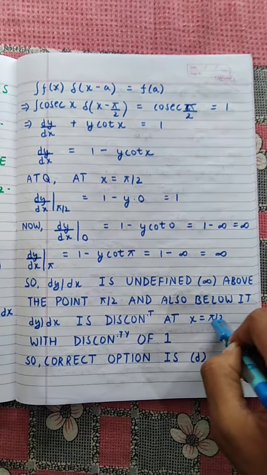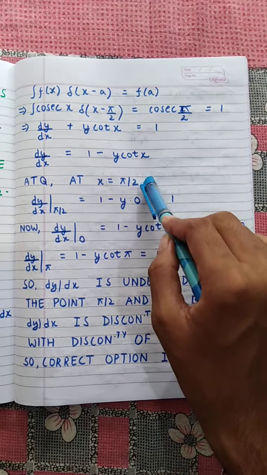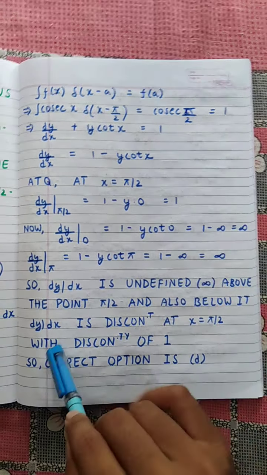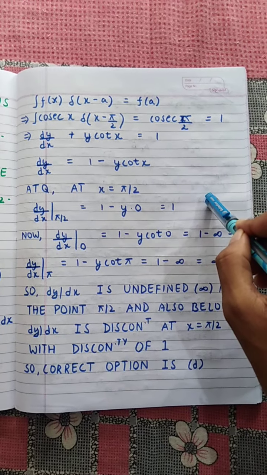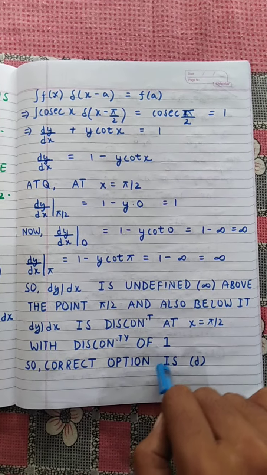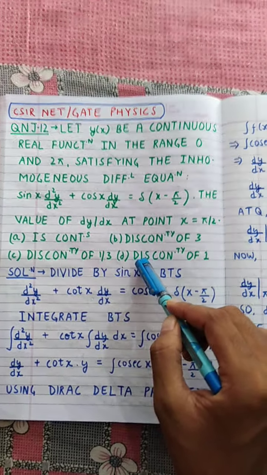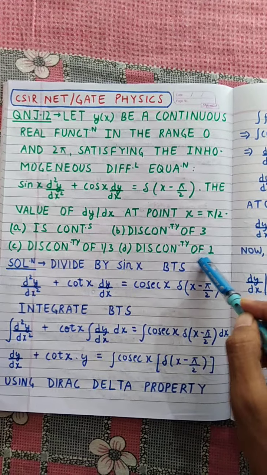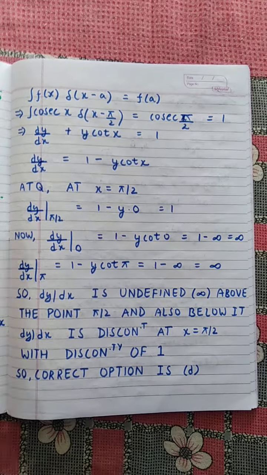At x equal to pi/2 it is 1, but the values just below and just above it are both undefined, that is infinity. So we can say that at x equal to pi/2 it is discontinuous with discontinuity equal to 1. The correct option will be D, a discontinuity of 1 at x equal to pi/2. I hope friends you have understood the solution. Thank you.